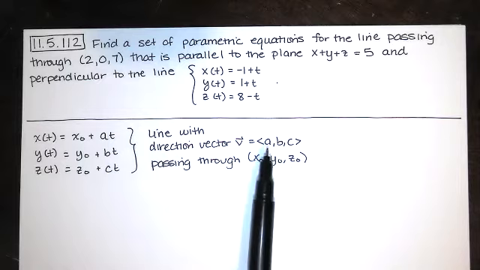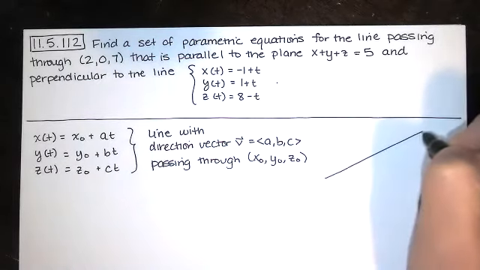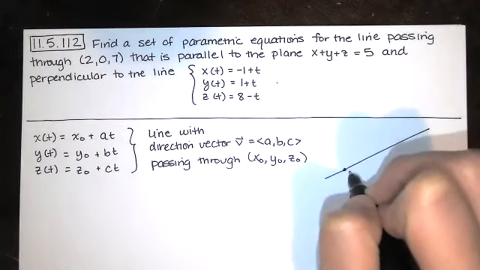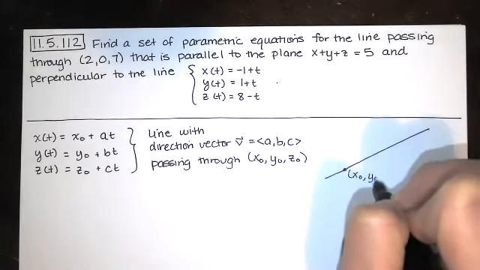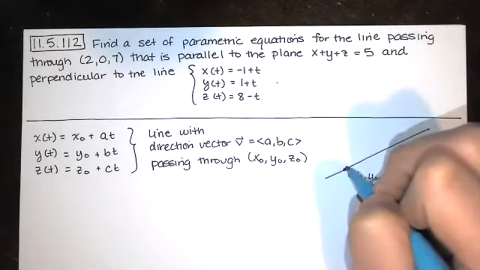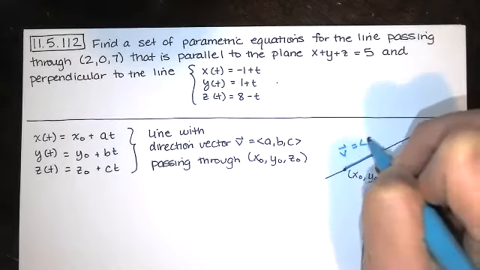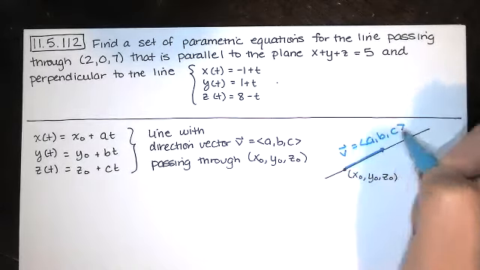Those are the components of our direction vector. So basically you've got a line that looks like this. It passes through x naught, y naught, z naught, and v either goes this way or that way. I'm going to draw it this way. That's the direction vector, and it has components a, b, and c.